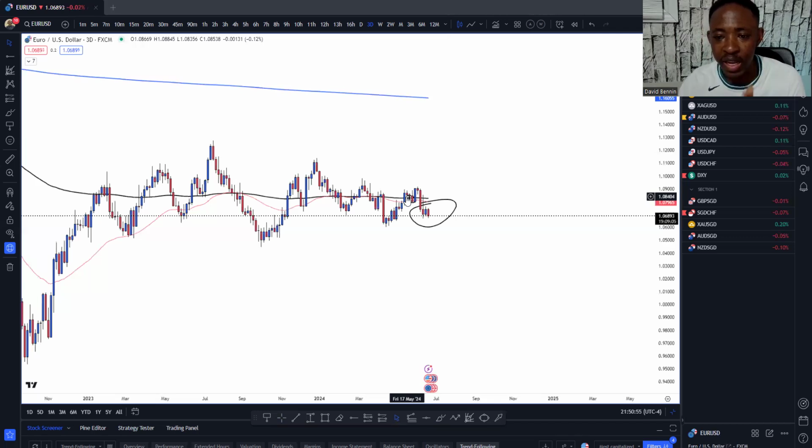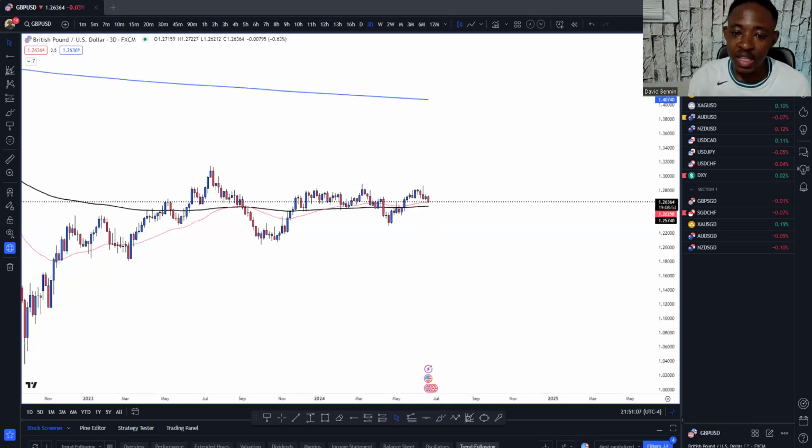So in terms of choosing between the two, you are better off taking a sell trade on Euro USD than GBP USD. But in terms of trade opportunity, the one that is most likely going to give you more opportunity is GBP USD, because it is still slightly bullish, trading above the EMA we are using for the comparison.